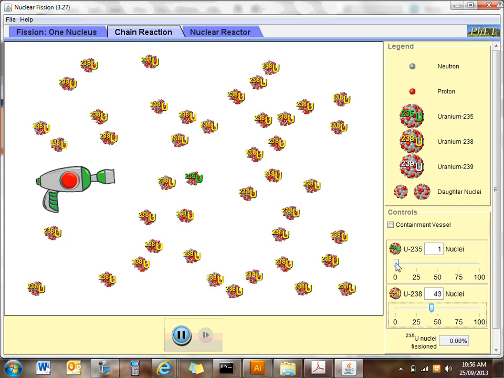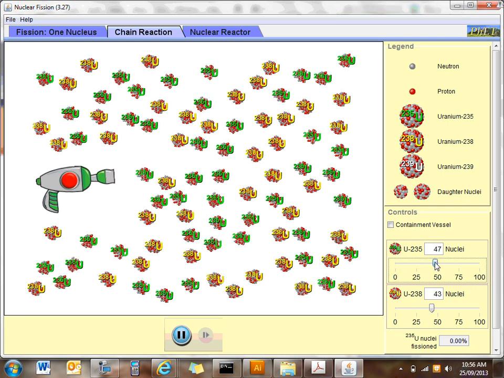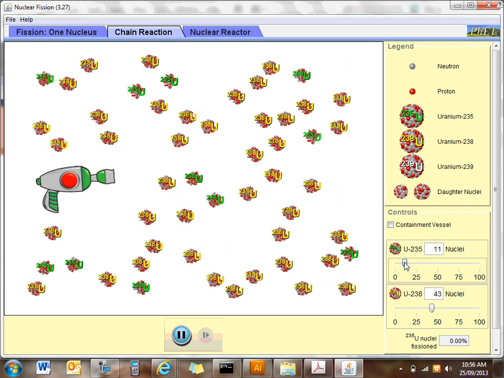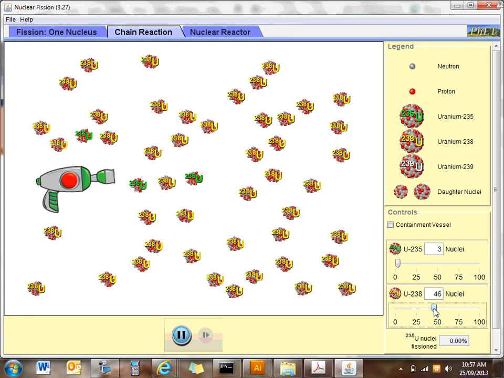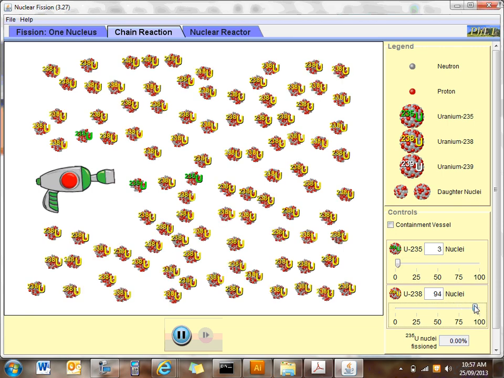Now, this doesn't exactly work in proportion. What we tried to do yesterday in Year 11 physics was get 3 nuclei of U235 and 97 of U238, and this program isn't really set up like that.